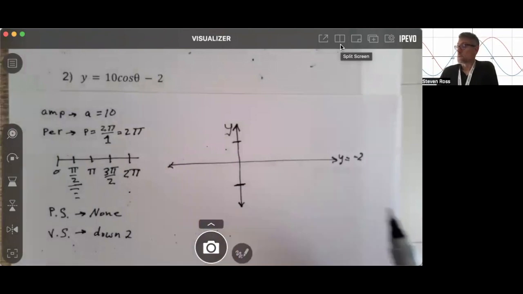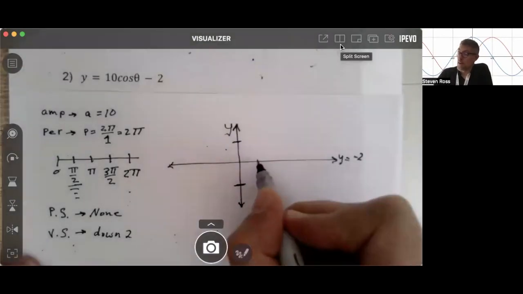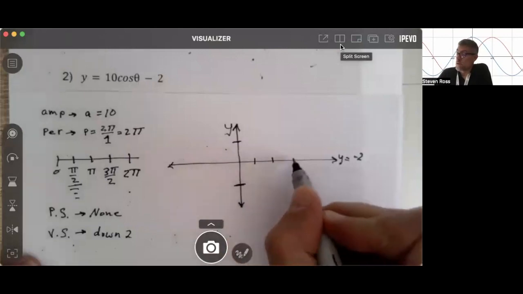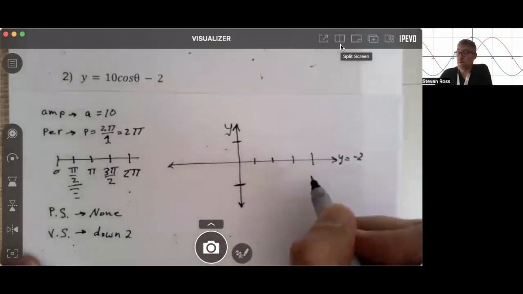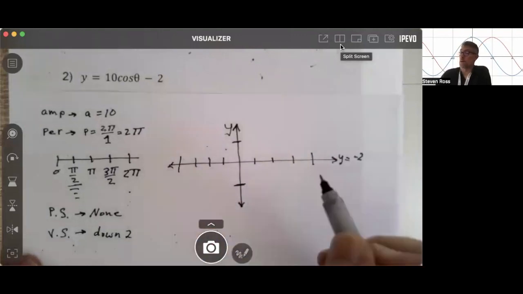So what I like to do sometimes is just forget about the x and the y axis for starters. And maybe if I remember, I can put those x and y axes back in later. I think I'll do that this time. And 1, 2, 3, and 4. 1, 2, 3, and 4.